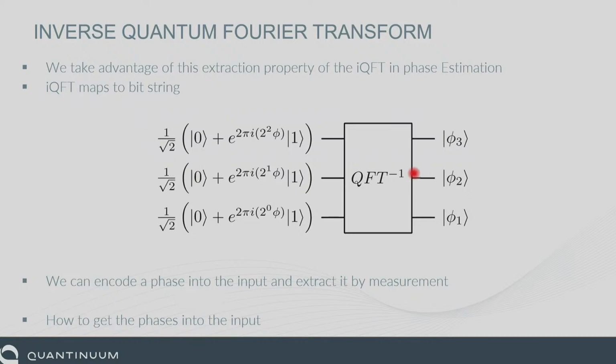So you can read out the binary fraction of the phase from the input Fourier basis. The problem is getting the system into the Fourier basis to read out the phase. Now that's the game of quantum phase estimation: how do we get the phase into the structure which can be read out by the quantum Fourier transform.